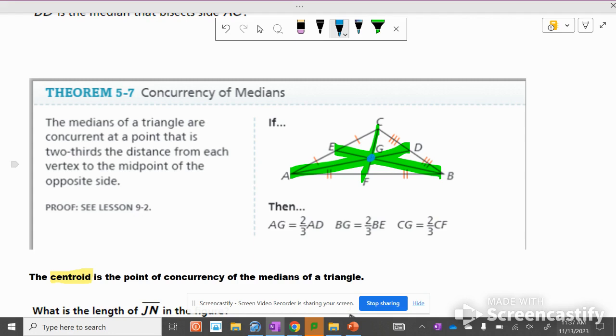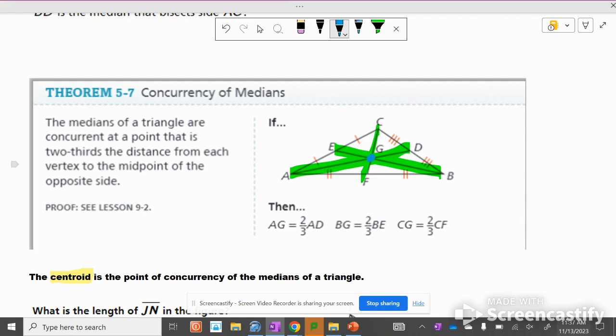That's a centroid. What the centroid does is it cuts this off 2/3 of the whole thing and this off 1/3 of the whole thing. How do 2/3 and 1/3 compare to each other? 2/3 is what of 1/3? 2 times of 1/3. So this is twice as long as this.